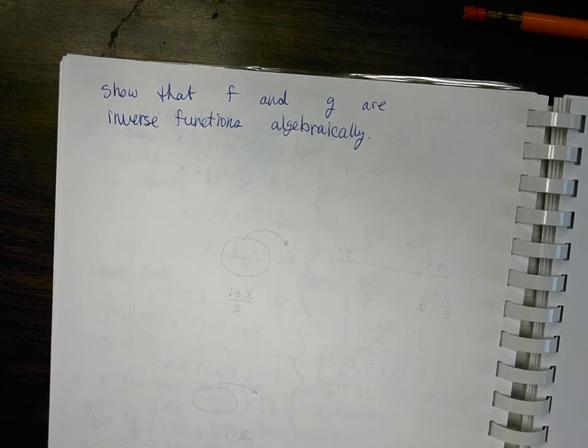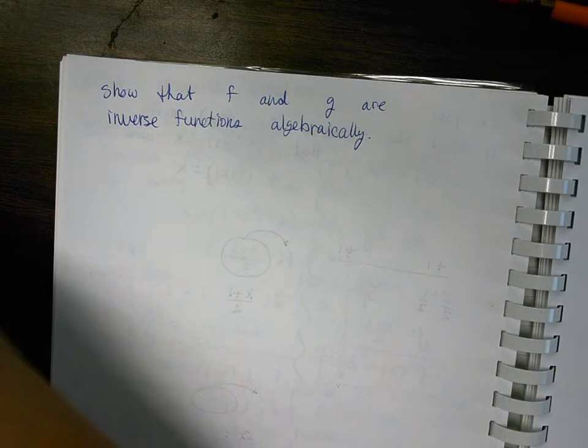The book goes on to tell you to use a graphing utility to show blah, blah, blah. You guys know not to listen to that part, right? Obviously, because we don't use our graphing calculators yet.